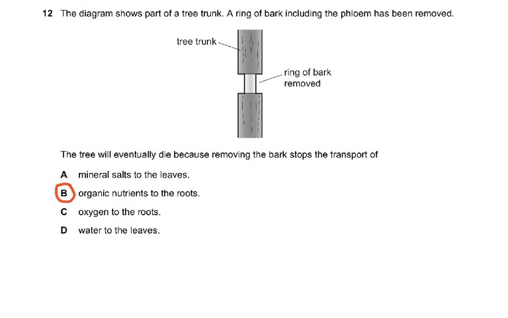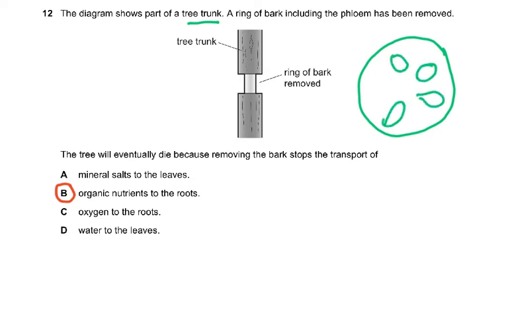Then question number 12. The diagram shows part of a tree trunk, a ring of bark, including the phloem, has been removed. So if you remember, if you cut a stem, it says a tree trunk, the vascular bundles are like this, right? And as you remember, the xylem is on the inside.